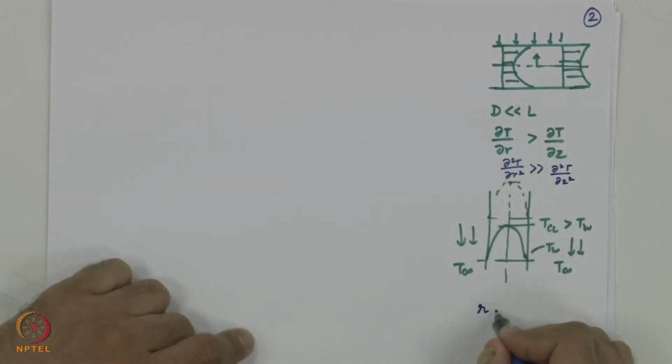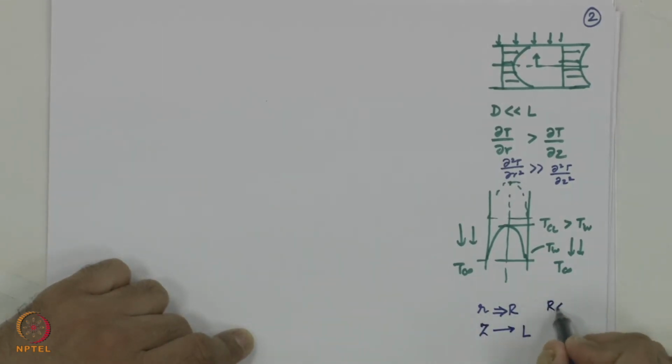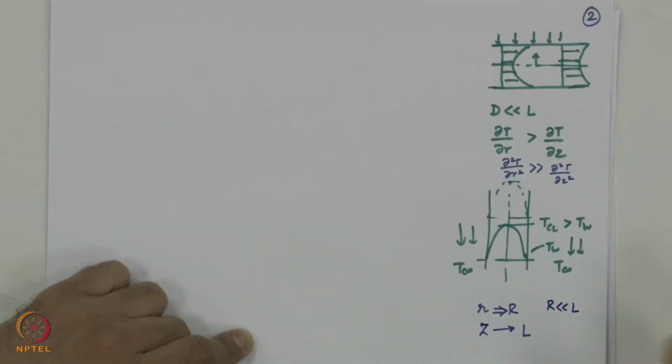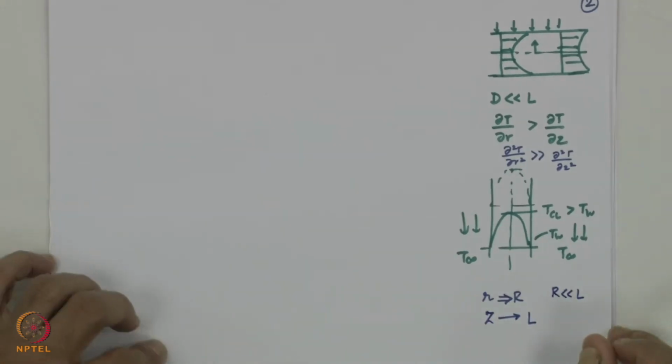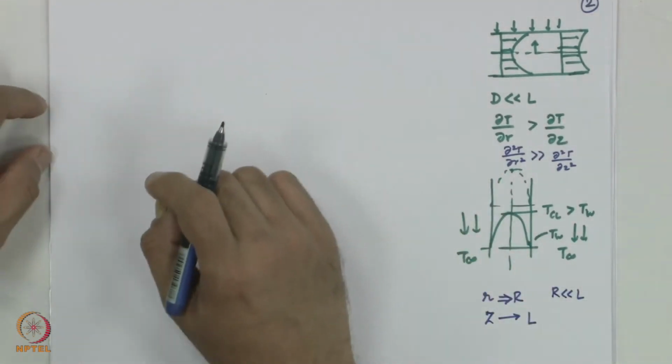R scales at best as capital R, this is your maximum, but z scales like L, and R is much less than L. So, keeping that philosophy in mind, we can say that d square t by dz square, or the second derivative of the temperature in the axial direction, is negligible compared to the second derivative of the temperature with respect to the radial direction.